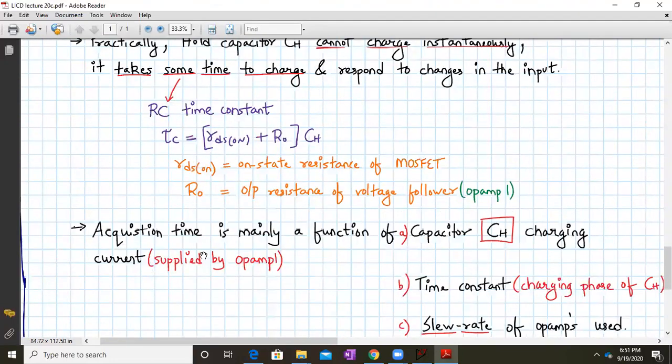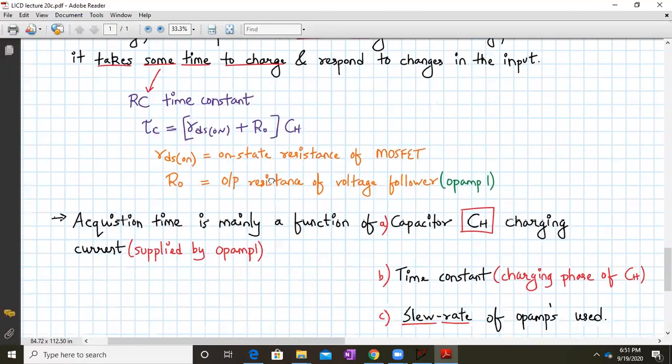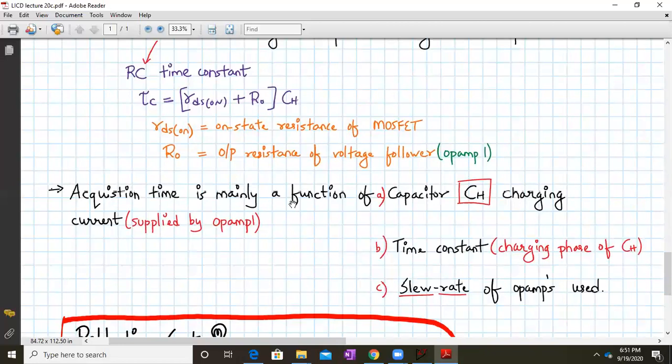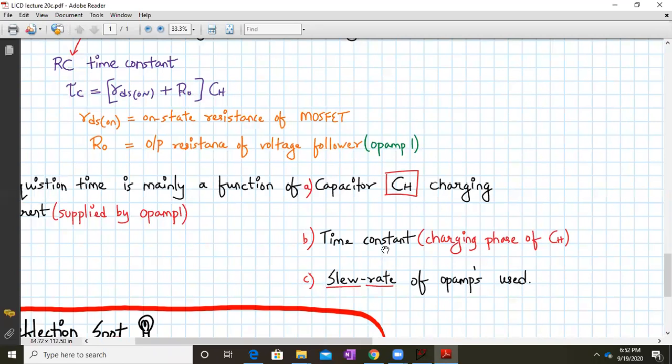Okay, so this is the limitation of this. The capacitor doesn't charge instantaneously. So acquisition time is basically a function of, number one, the hold capacitor CH charging current supplied by the op amp, then the RC time constant during the charging phase of capacitor CH, and the slew rate of the op amp.